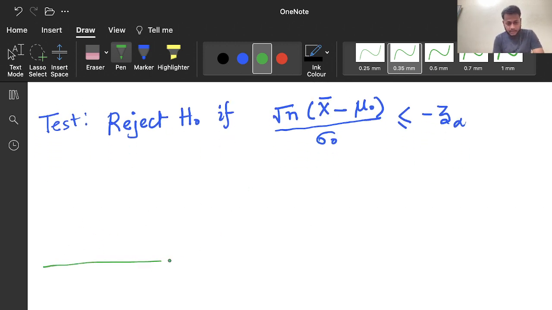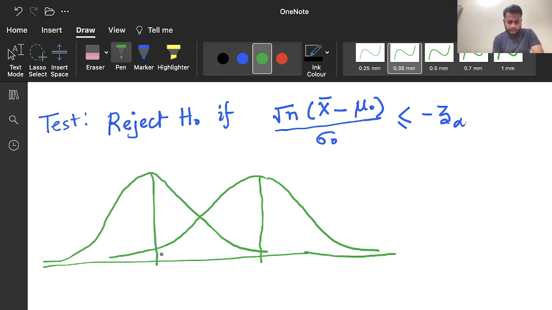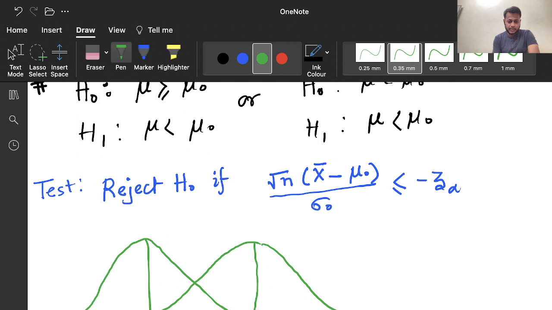Suppose there are two Gaussian distributions, one is this, another is this. Suppose here is my mu 0.